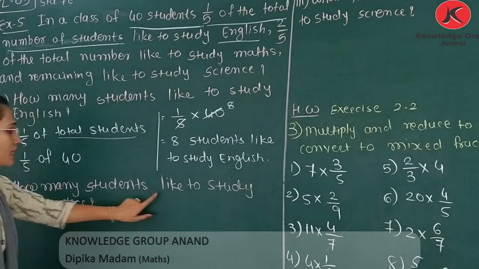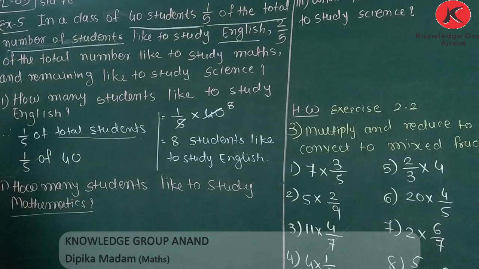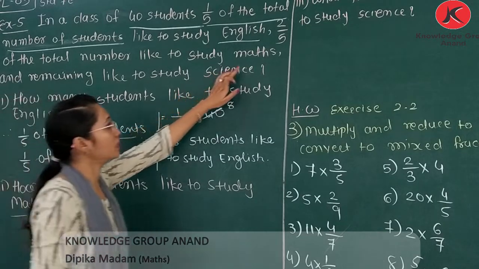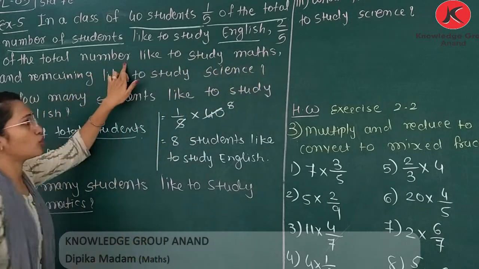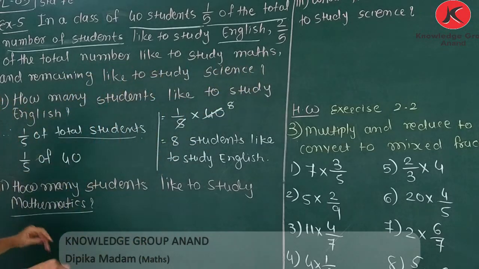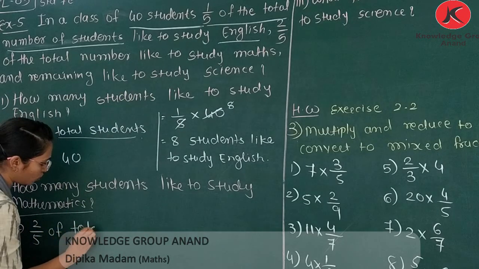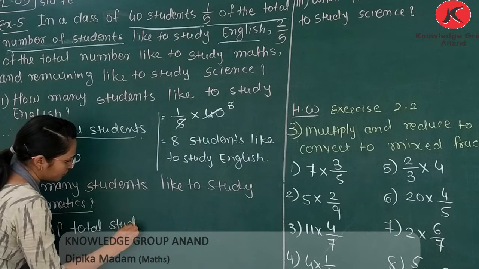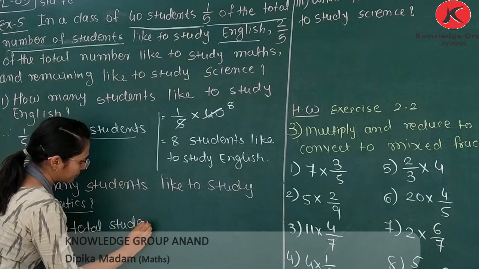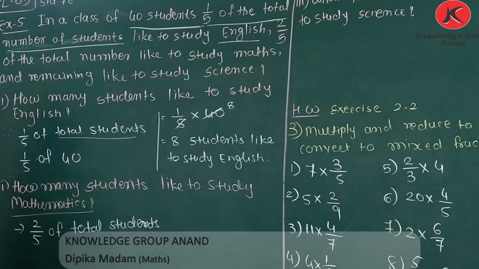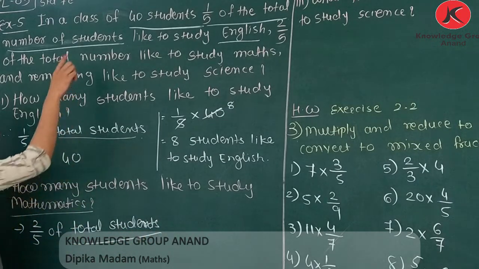Okay, now next part. How many students like to study maths? In the second statement it is written 2 by 5 of the total number like to study maths. So we can write 2 by 5 of total students like to study maths. How many total students are there? There are 40 students.